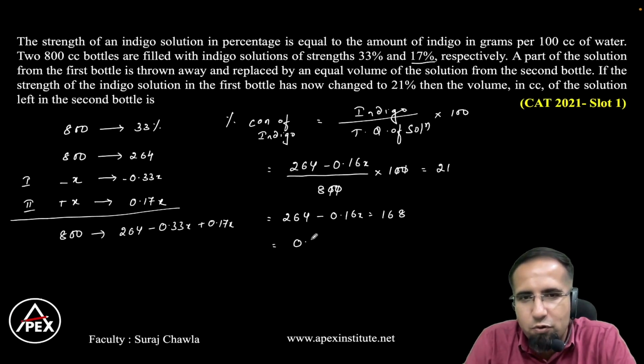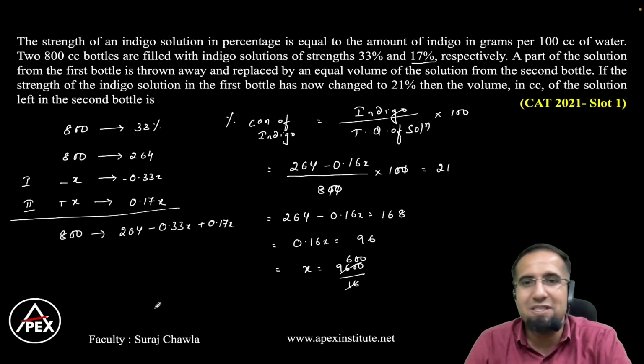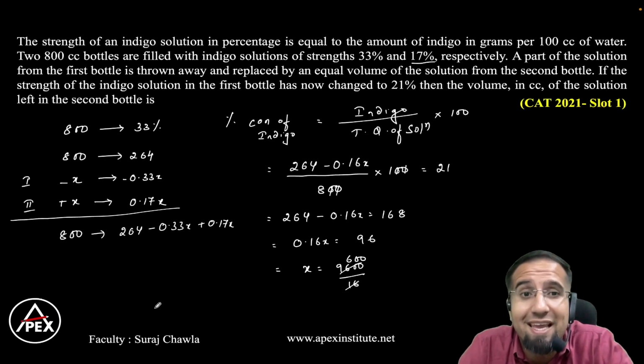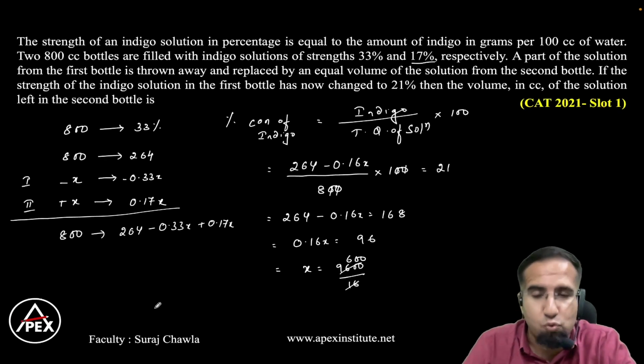So when we simplify, you have 264 minus 0.16x is equal to 168. Or we have 0.16x is equal to 96, or we have the value of x is equal to 9600 by 16. Clear? That's going to be how much? 600. That means 600 ml out of 800 ml is taken out from bottle 2, right?